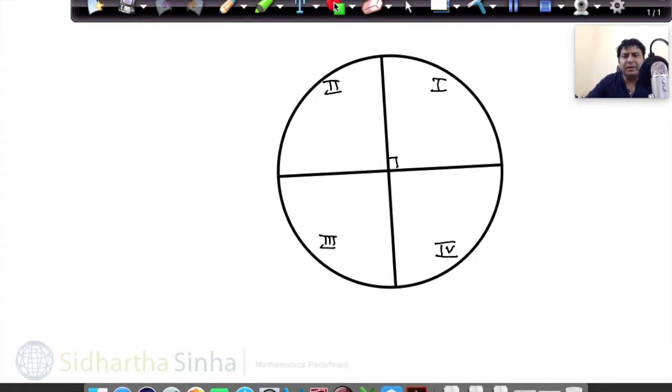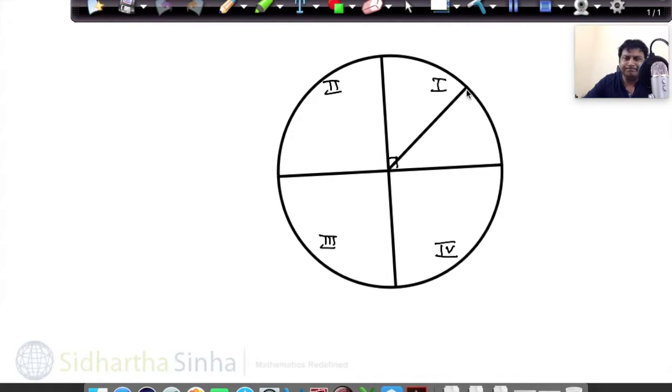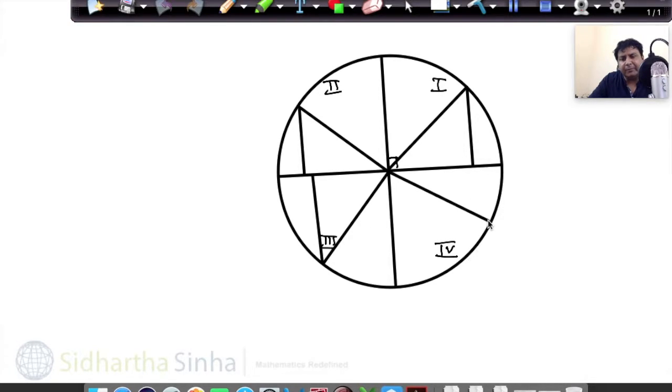And we know there are six trigonometric quantities. To understand, let's take a triangle here. I'll draw triangles in all four quadrants and we'll explain one by one how the six quantities are positive or negative in the respective quadrants.